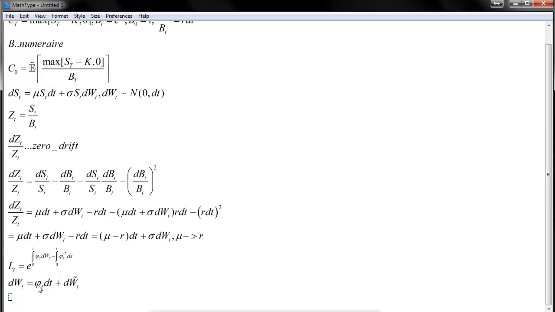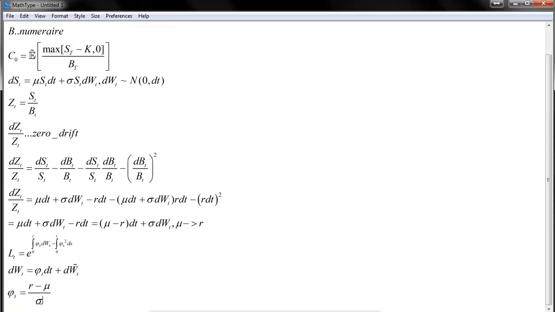But how do we get this function? Well, I said that we need to kill the drift of this process, so actually mu must be equal to r. To do so, we choose this function to be equal to the fraction (r minus mu) divided by sigma.